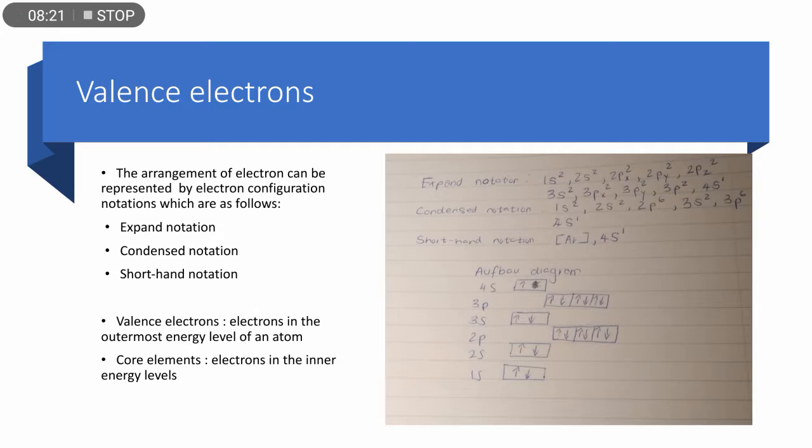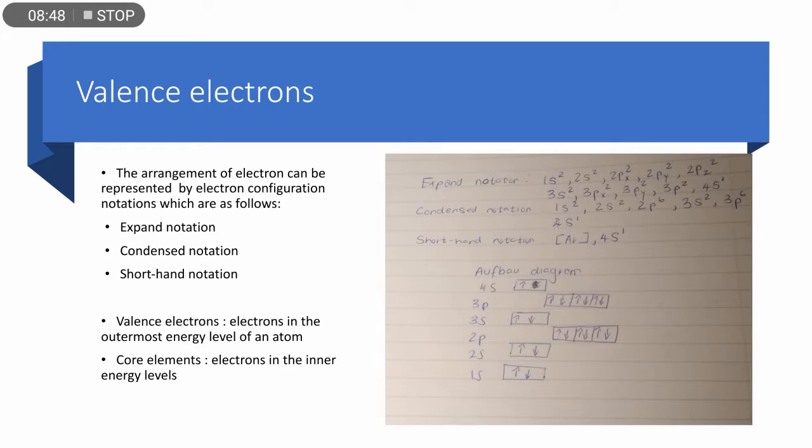On the second energy level, we have the s orbital and p orbitals. The s orbital is occupied by 2 electrons. The 2p x orbital is occupied by 2 electrons. The 2p y orbital is also occupied by 2 electrons.